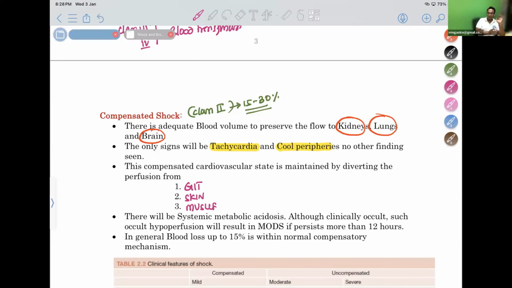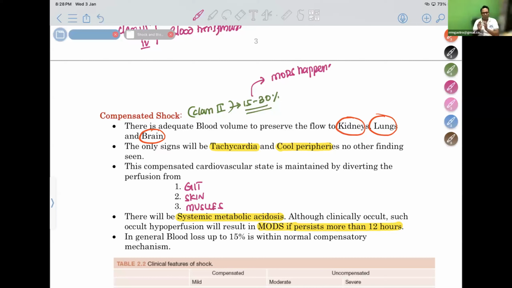The patients will develop systemic metabolic acidosis. Although this is clinically occult, we need to treat them as early as possible, because if it persists more than 12 hours, MODS can happen. Even in compensated shock, MODS happens if you don't treat in 12 hours.